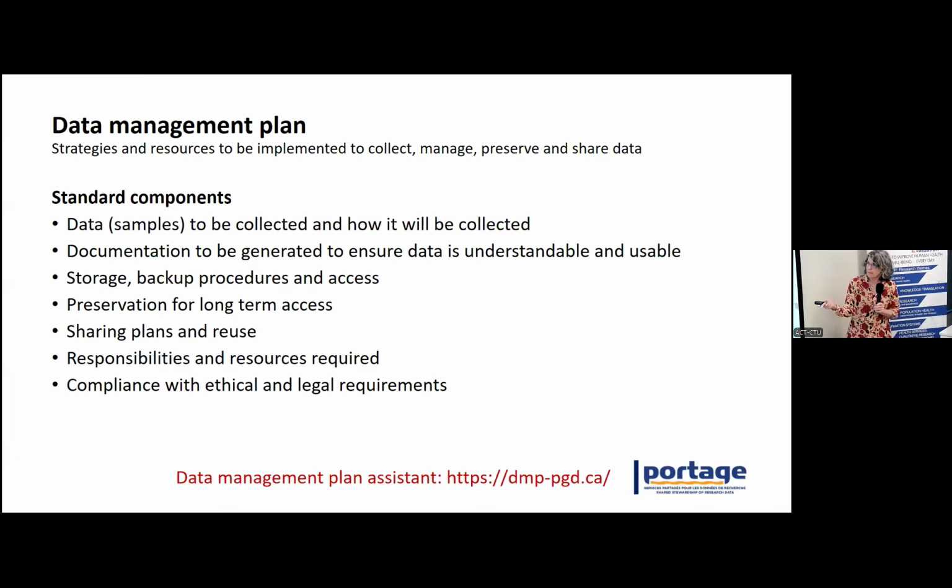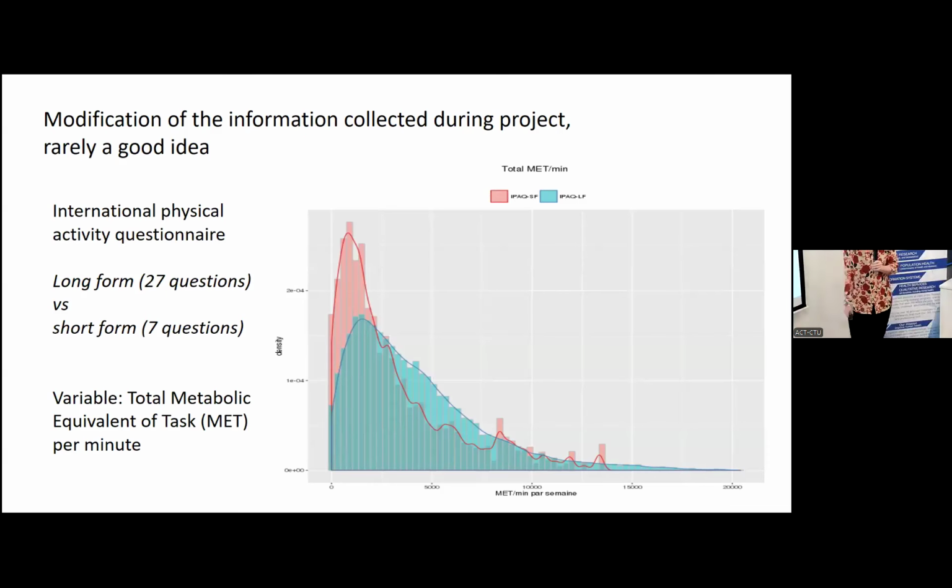First thing, please don't change your question in the middle of your data collection, please. Sometimes you have to, and you have no choice, and Rita will give an example, but here you have an example for CANPA. CANPA has 300,000 participants.